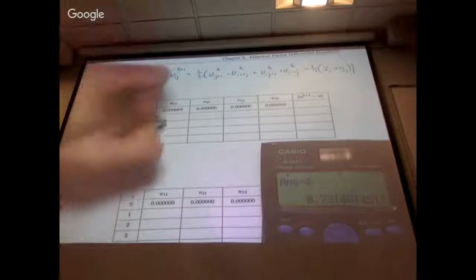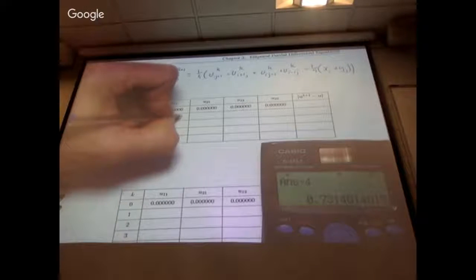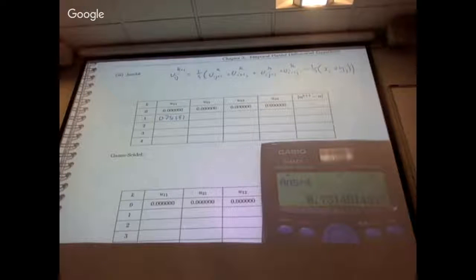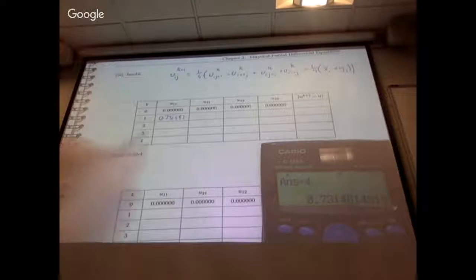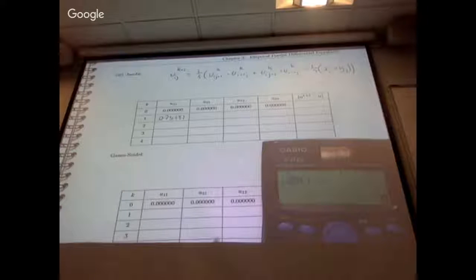And that's our first value, 0.73148. The next one is 1 plus 1 minus a 9th.